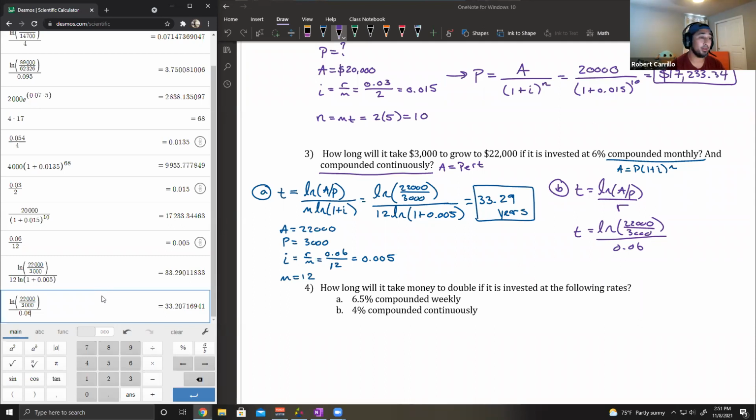And if you compound continuously, you will still make 22,033.21 years. Not much difference, huh? You shave off 0.08 of a year if you compound continuously. Oof. It's all about that rate.